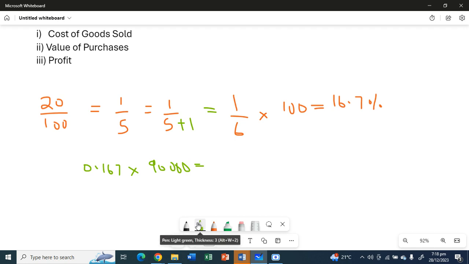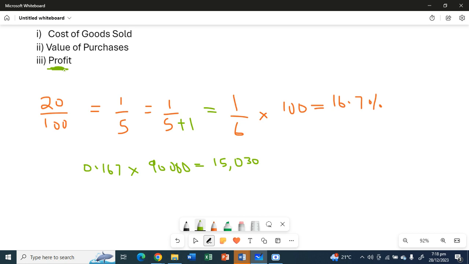So we're going to say 90,000 times 0.167. We get 15,030. So this is our profit. 15,030 kwacha. This is our profit here.